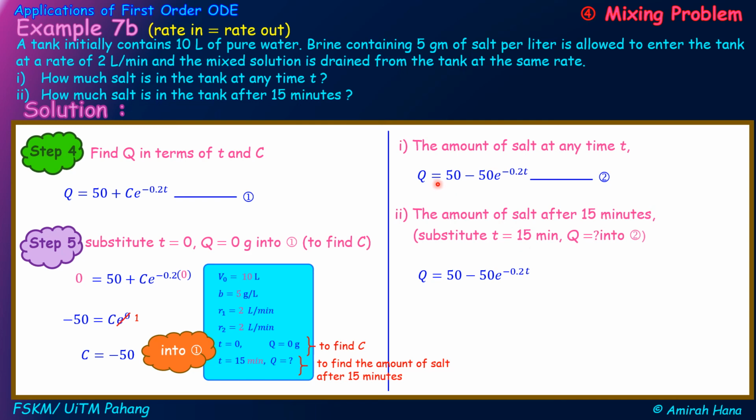Alright, so from equation 2 here, we replace t equals 15 minutes. Then using a calculator, we get Q equals 47.51. Then we need to put the unit for Q here. The unit given is gram. Q means the amount of salt. So this is the answer for question number 2.